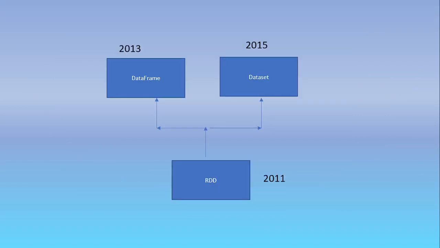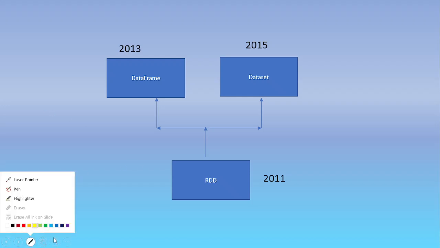If you look at the history, when Spark components started, they started with Spark 1, then released Spark 2. Now we will be using Spark 3, and the latest version when I'm taking this session is Spark 3.3. RDD is called Resilient Distributed Dataset.